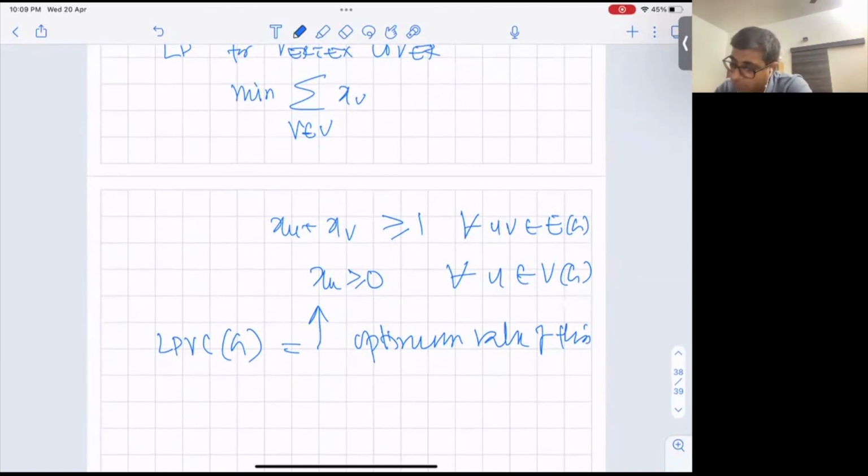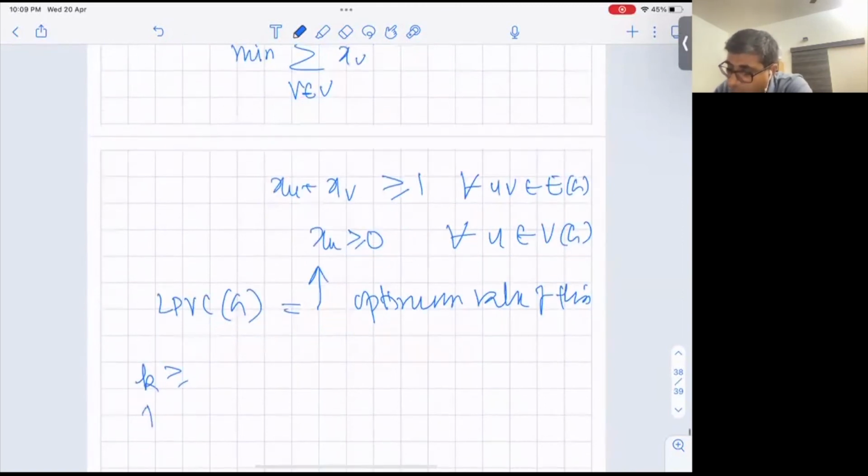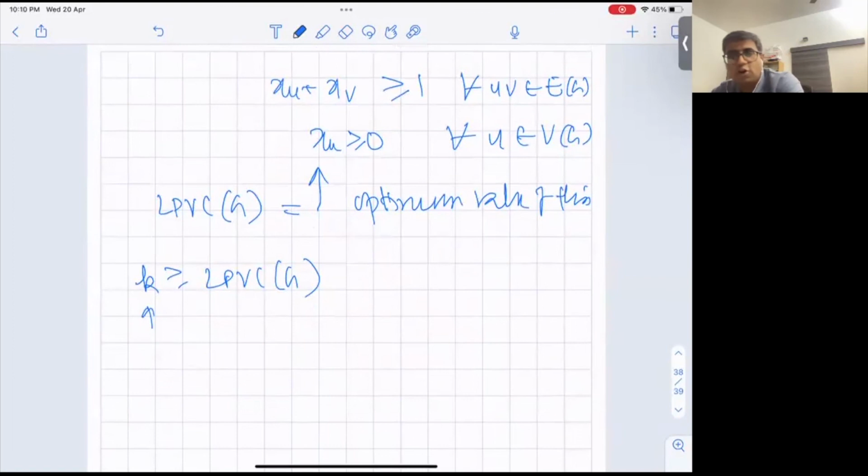So what we know is that k, which is basically an integral solution of vertex cover, is also greater than or equal to LPVC of G, because relaxation allows, you are minimizing, so that will be only smaller than the integer program. So k is always greater than or equal to LPVC of G. If k is strictly less than LPVC of G, then you can say there is no solution at all, because an integral solution can only be larger than the relaxed solution. So this also provides a lower bound.